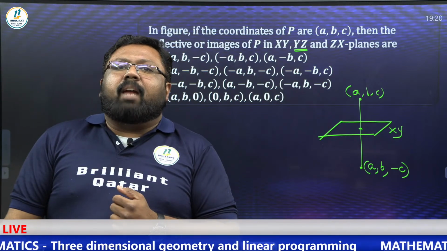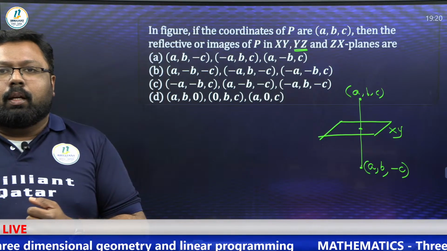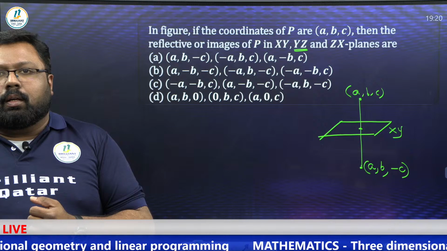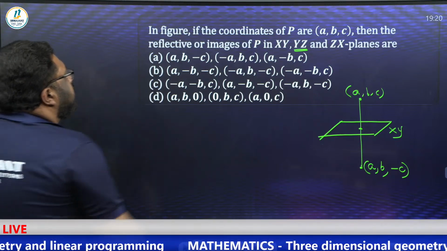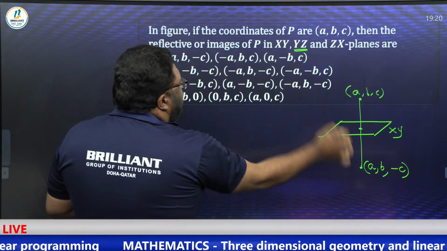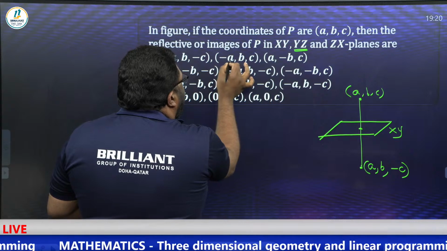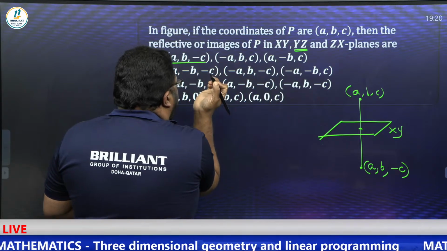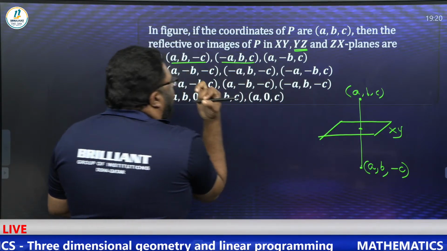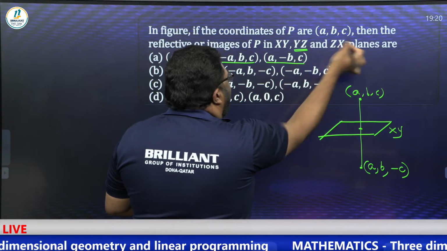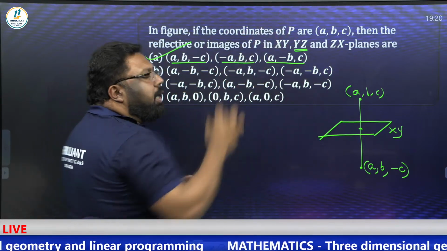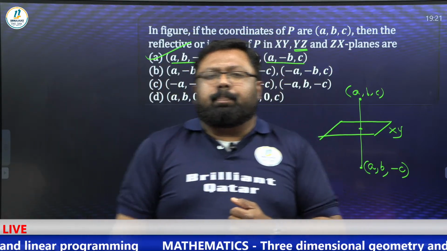What would you get? YZ: X changes, so minus A, B, C. And A, B, minus C, minus A, B, C, A, minus B, C for ZX. Option A. Very, very simple logic.